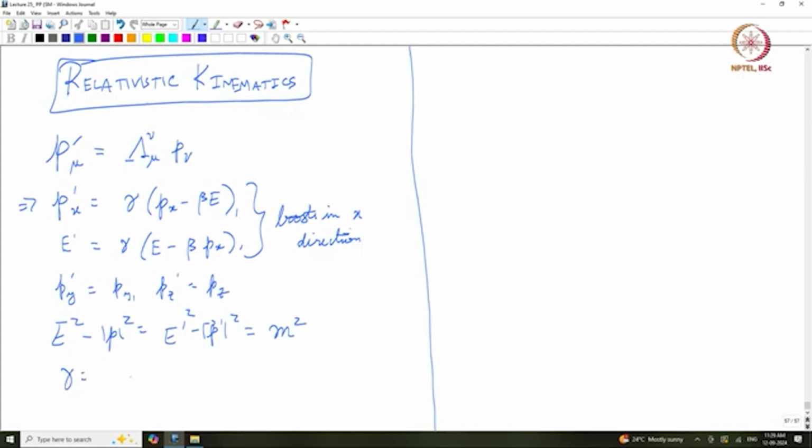Gamma is 1 over the square root of 1 minus beta squared. Just so you remember, beta is what? Beta is the speed of the frame that you are thinking about, the inertial frame itself. So, technically it is v over c, but we are setting c to 1.